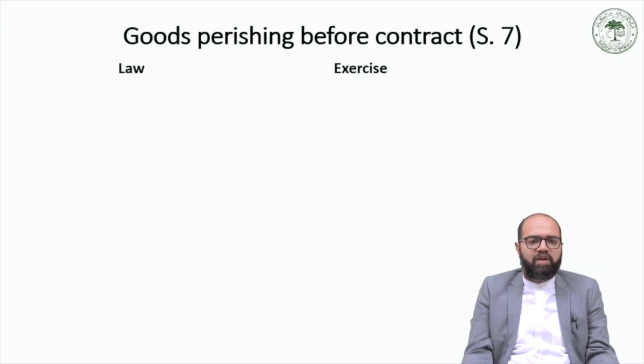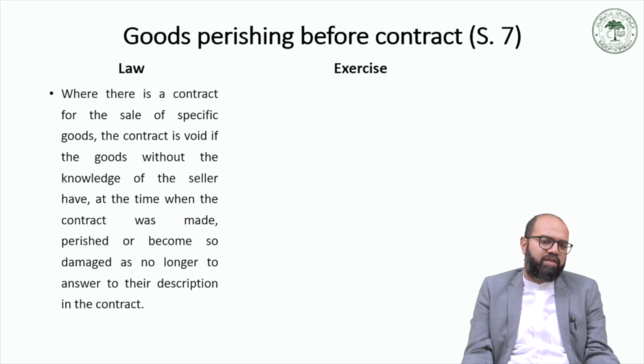Now we will look at the law where the goods have perished before the contract, as provided under section 7. So what section 7 provides is where there is a contract for the sale of specific goods, and we know already what specific goods are, the contract becomes void if the goods, without the knowledge of the seller, have at the time when the contract was made perished or become so damaged as no longer to answer to their description in the contract.